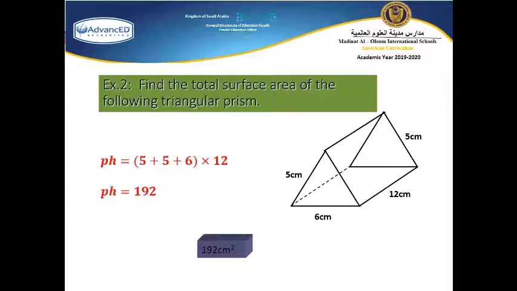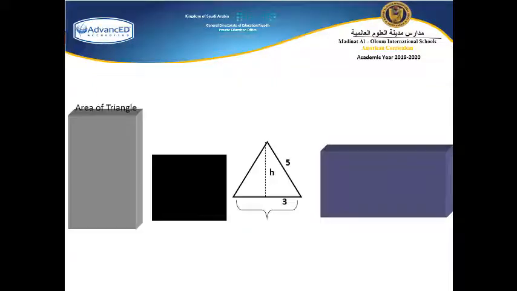Let's find the area of the two bases, the upper and the lower base, the area of two congruent triangles. Since we don't have the height of the triangle, we will use the Pythagorean theorem. Since this is an isosceles triangle, this side is a perpendicular bisector.